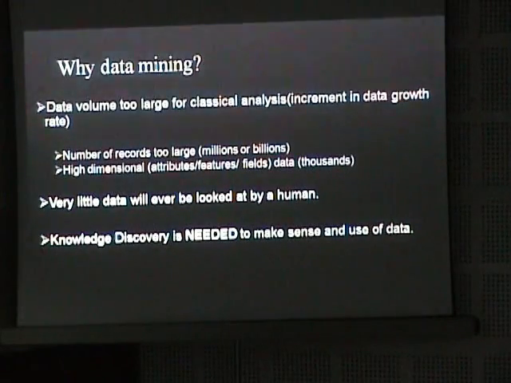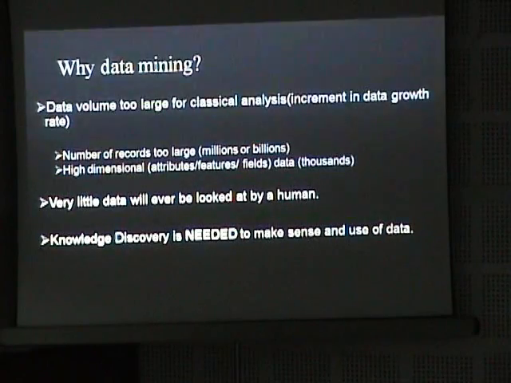Why data mining? What is the requirement of data mining? First of all, the volume of data is so large, it is tremendous. So to decrease the extraction level of the data to sum up into only a single unit, data mining is required. So I have two aspects for that. The number of records are too large.